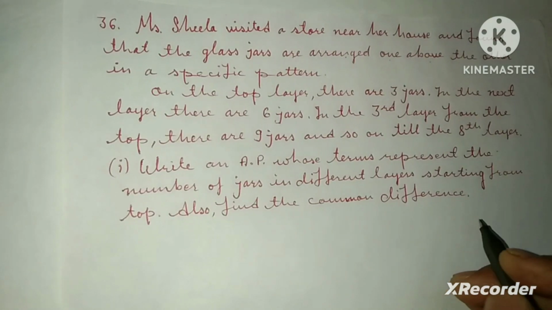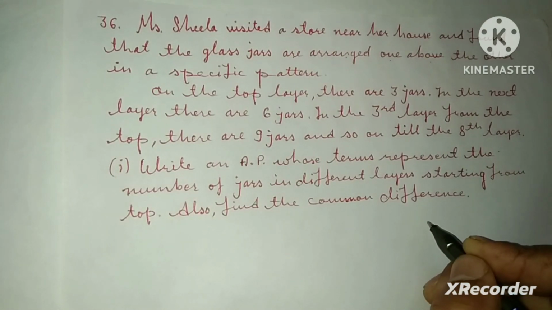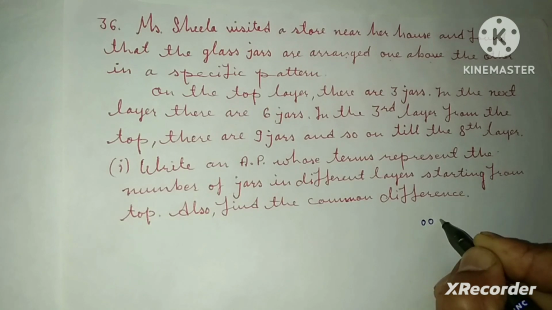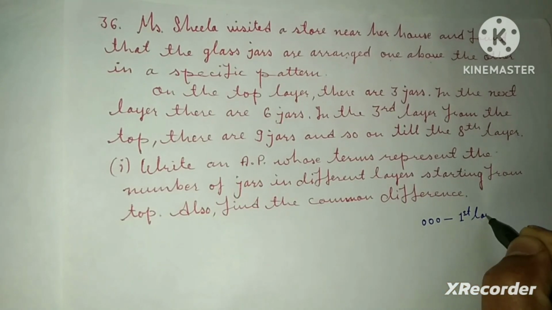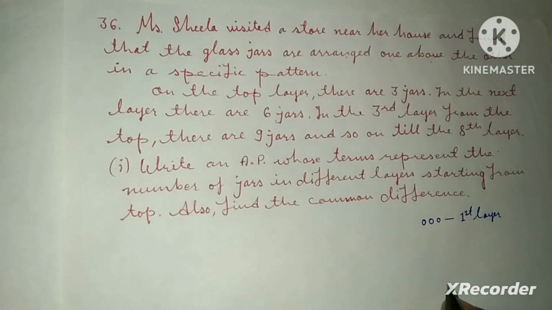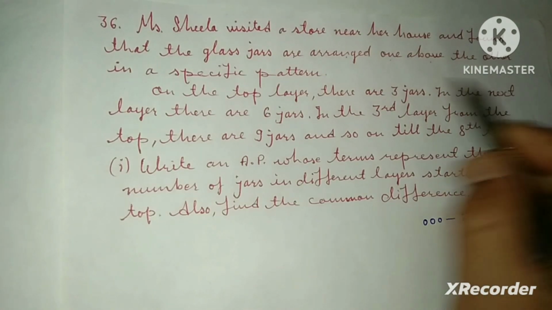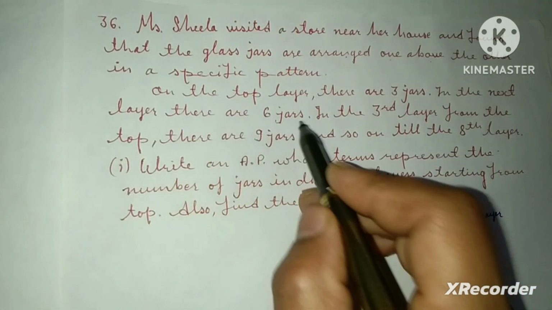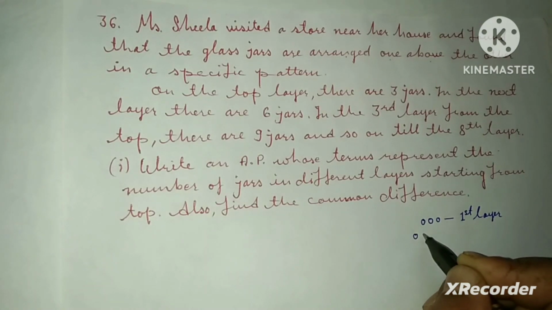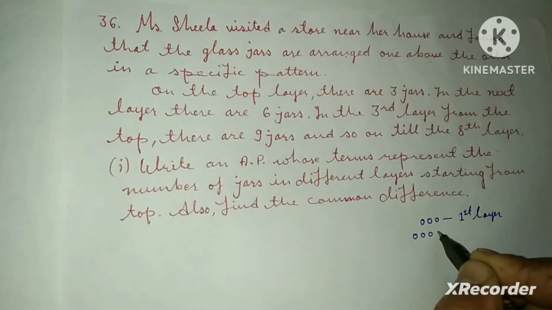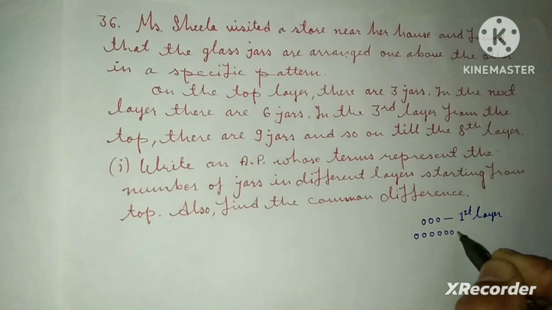Suppose on the top layer there are 1, 2, 3 jars in the first layer, right? Again, in the next layer there are 6 jars. In the second layer there are 1, 2, 3, 4, 5, 6 jars.